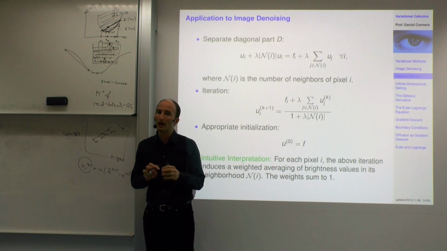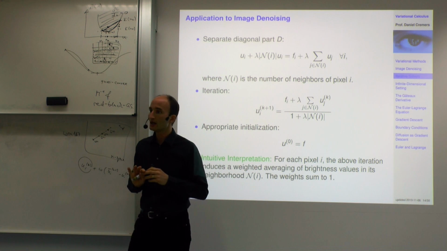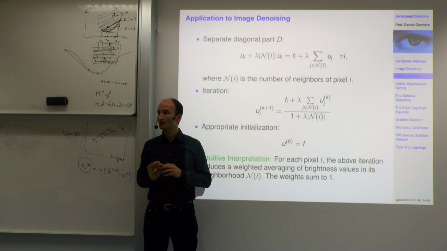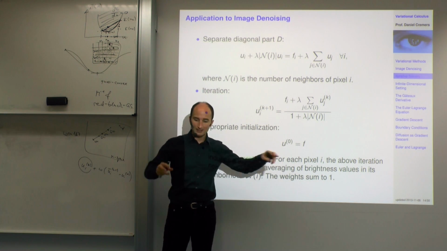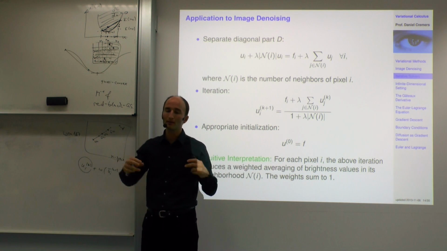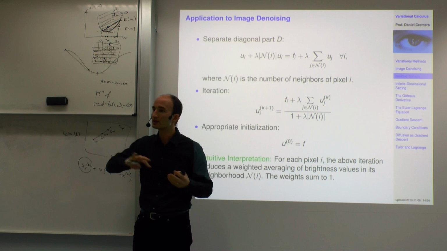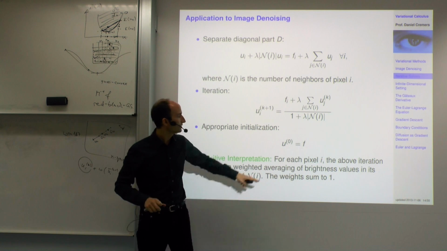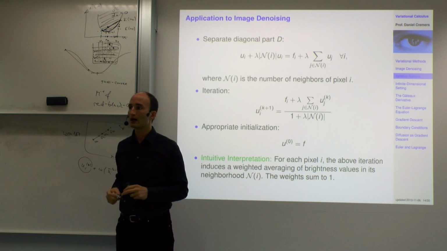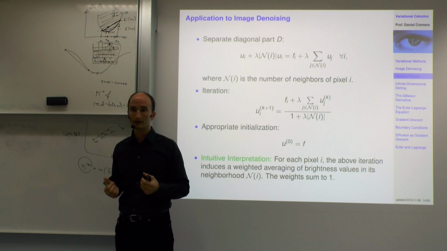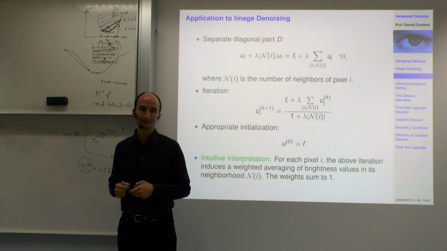But of course, if you have a somewhat denoised image, that's a better initialization. It saves you some iterations in your Gauss-Seidel method. And so if by denoising a coarse version of the image, you get an initial guess of what the smoothed version should be, you can use that on a finer grid as an initialization, and then you have a coarse to fine hierarchical processing.